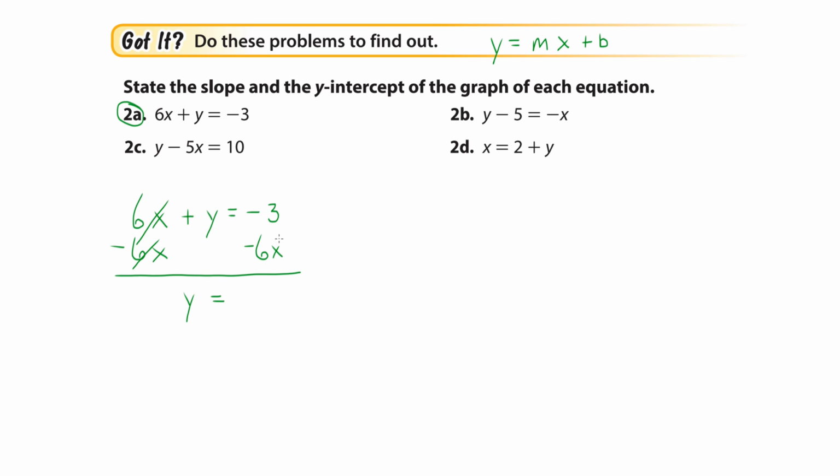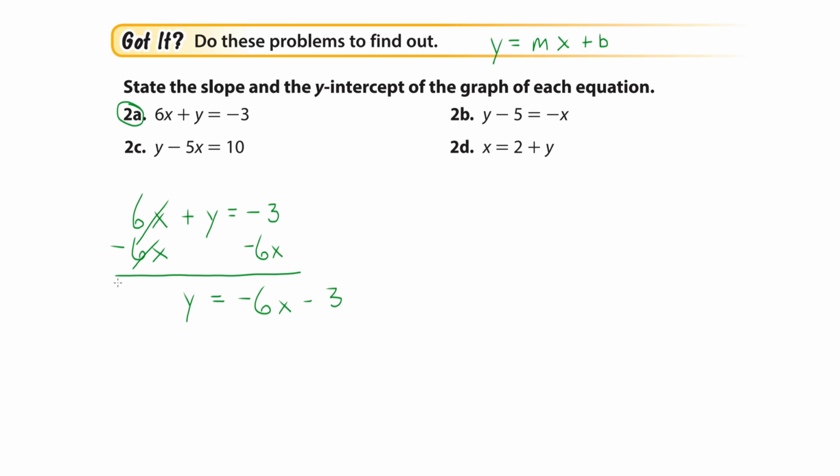This is a constant, and this is an x term. I can't combine them, but I should put them in this order. I want an mx, so I want an x term first. So I'm going to put the -6x, and then this -3 after that, because I want an mx plus b. I want the x term, then the constant.